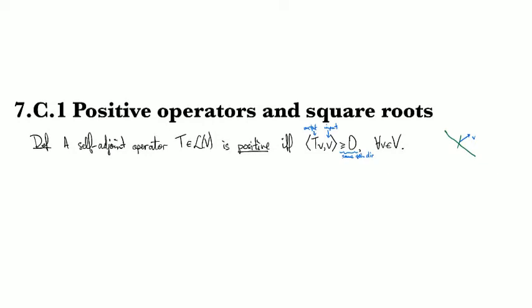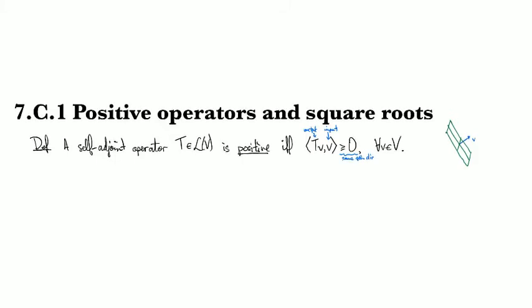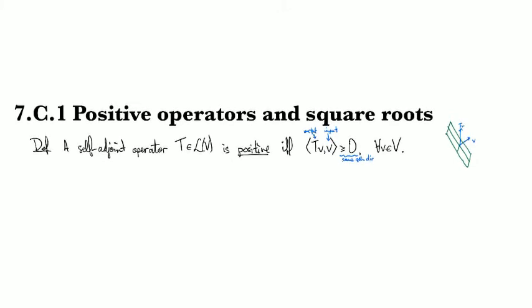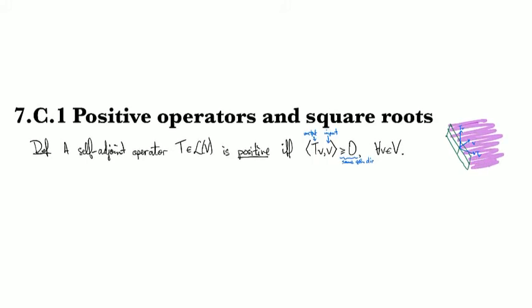Here's everything orthogonal to that particular vector. Then the output Tv is going to be somewhere on the same side. It might be shorter or longer, it might be one direction or another, but it's going to be in the same half space as the original vector v.